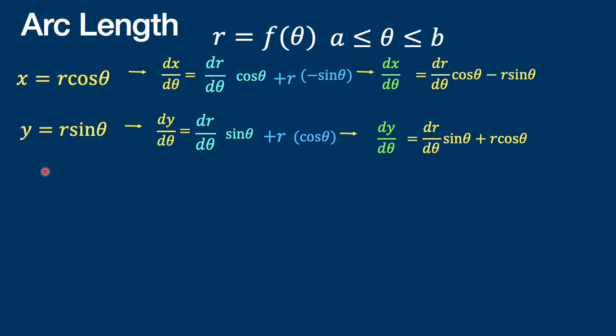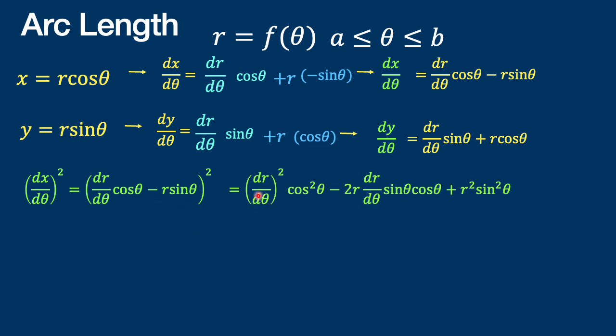So the arc length for the parametric equation involves dx d theta squared plus dy d theta squared. I want to start with dx d theta squared, which is (dr d theta cosine theta minus r sine theta) squared. First term squared, minus 2 times first term times second term, plus second term squared.